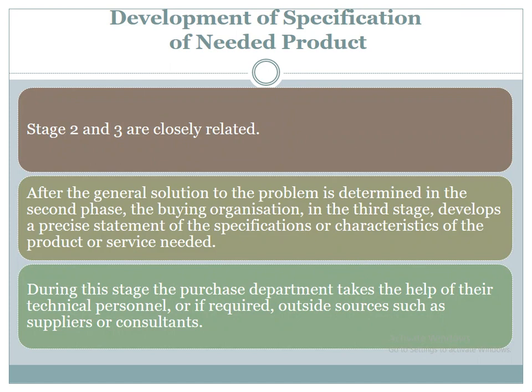Next is development of specification of the needed product. Stages 2 and 3 are closely related. So this is stage number 3. After the general solution to the problem is determined in the second phase, the buying organization in the third phase develops a precise statement of the specifications or characteristics of the product or service needed.